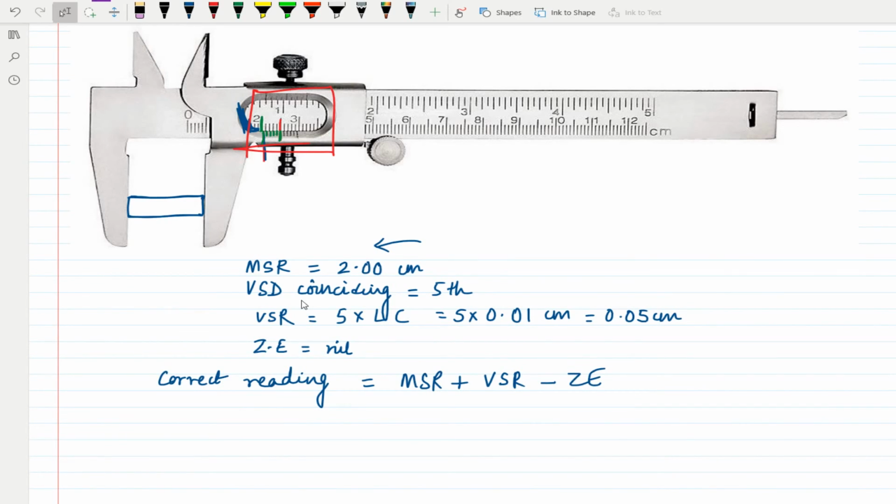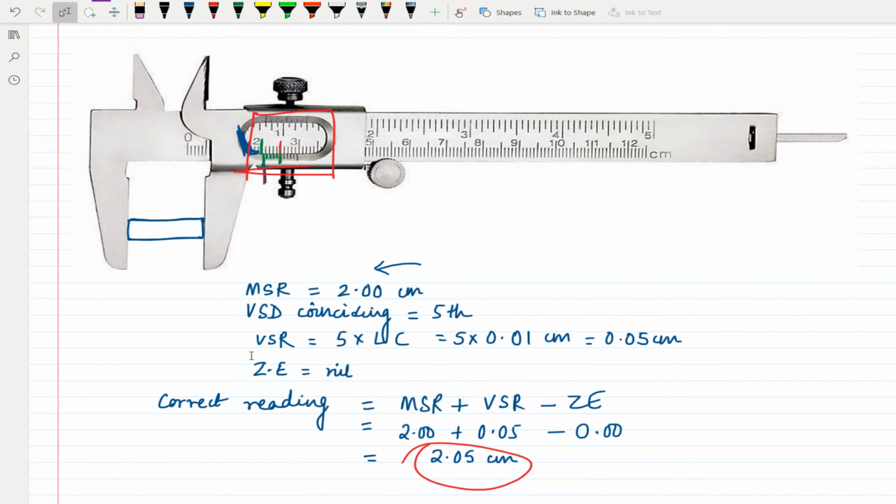So in this case, 2.00 plus 0.05 minus 0, because the zero error was nil, so it comes out to be 2.05 centimeter. This is the correct reading of the length of that particular object from the vernier.